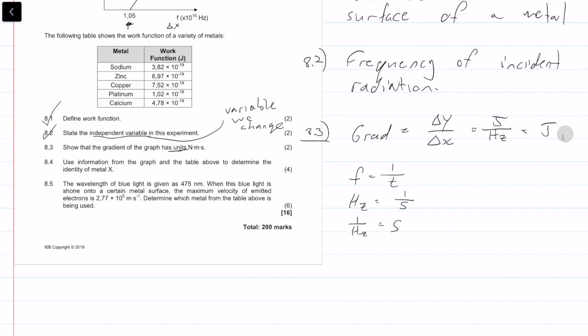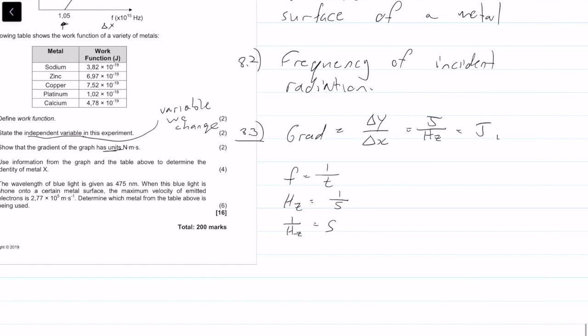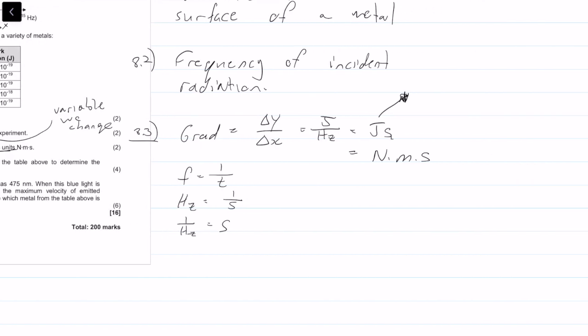We also know that a joule is equal to a Newton times a meter. An easy way to remember this: joules are units of energy, and an easy form of energy is potential energy, which is mgh.